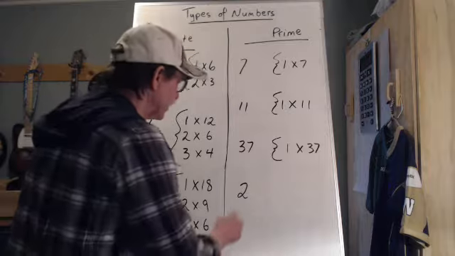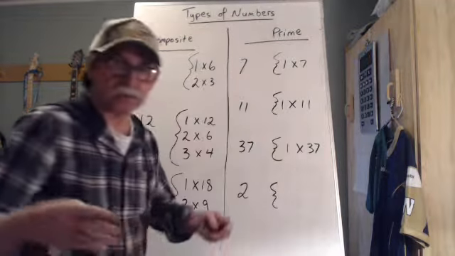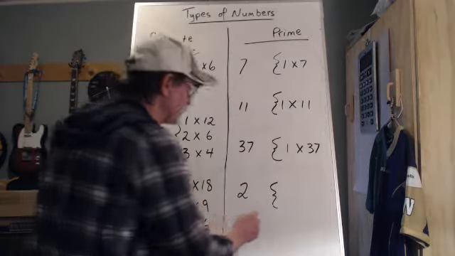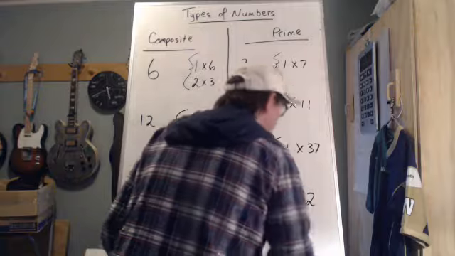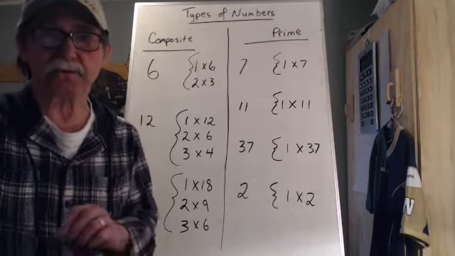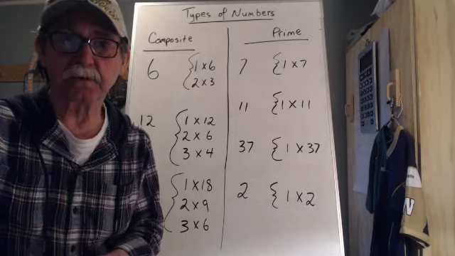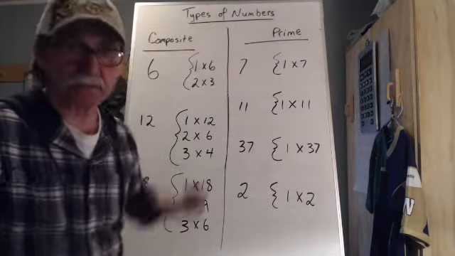Why is that? Because there's only one way to get it using multiplication, and that is 1 times itself. And so we say that 2 is a prime number, and it's an exception to the rule. All the other ones are odd.